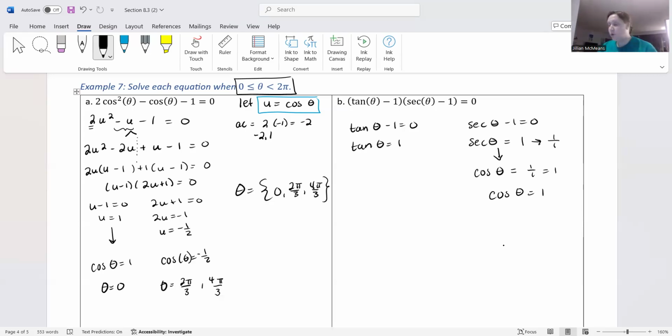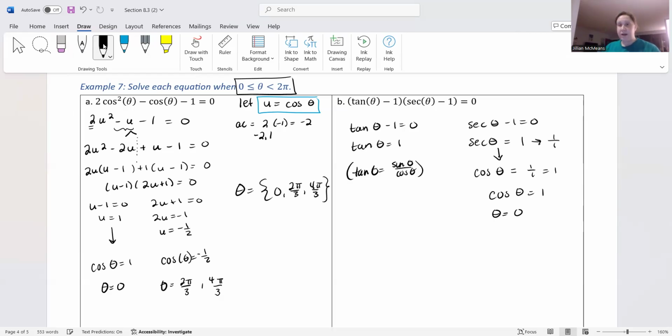So we're looking for when tangent equals +1 and when cosine equals +1. Cosine equals +1 when theta equals 0 radians. And then tangent equals +1. Now we have to be a little bit more careful with tangent. Remember, tangent of theta is equal to sine of theta divided by cosine of theta.